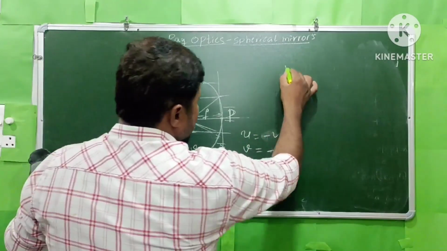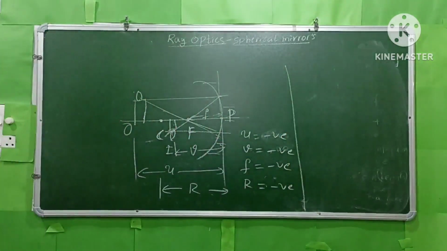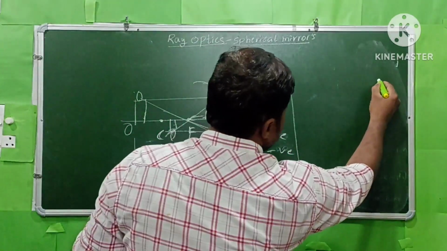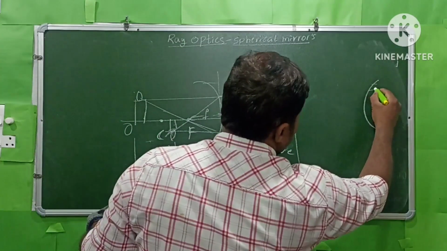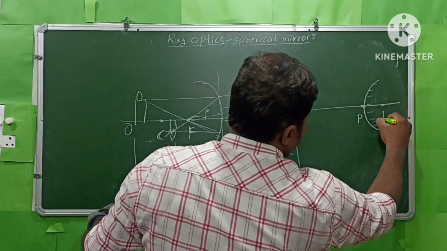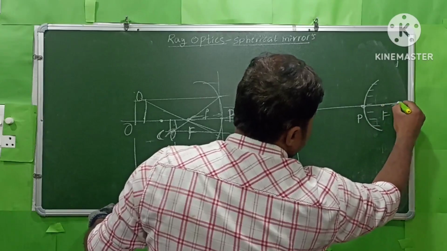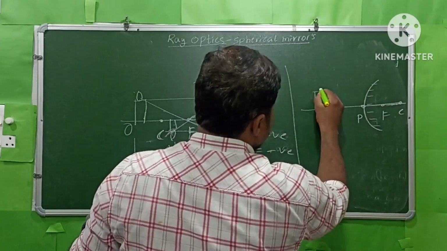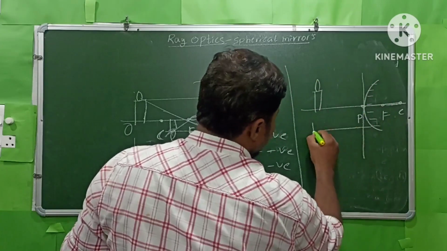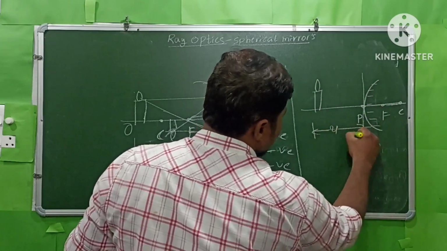I will draw sign convention for a convex mirror. Now you will get some confidence. Suppose I draw a convex mirror: pole, focus, center of curvature. Object is here. All distances are measured from the pole. Object distance u.